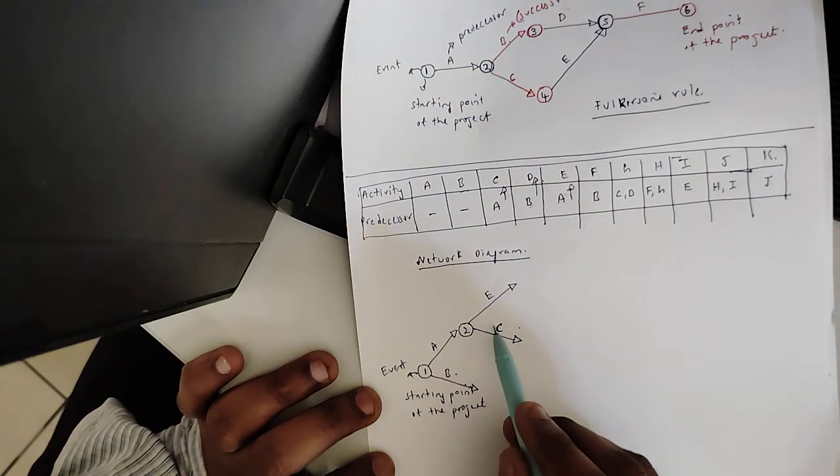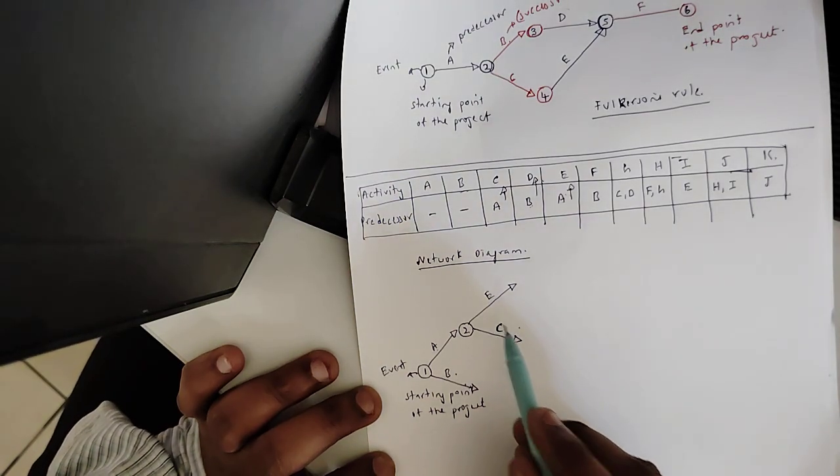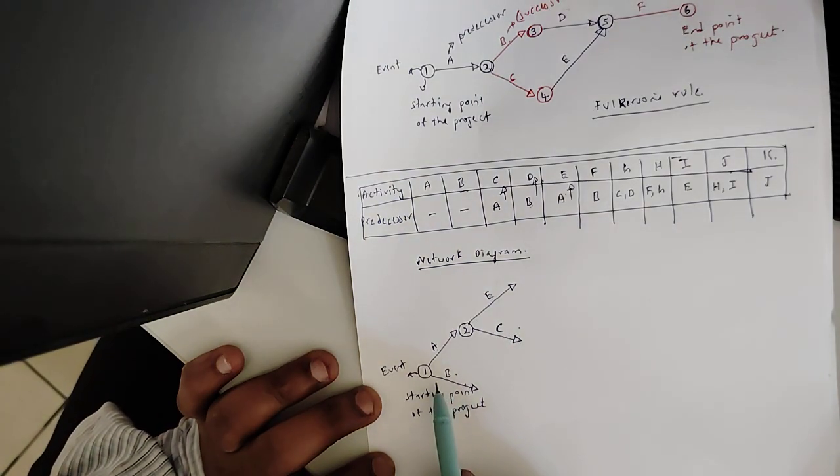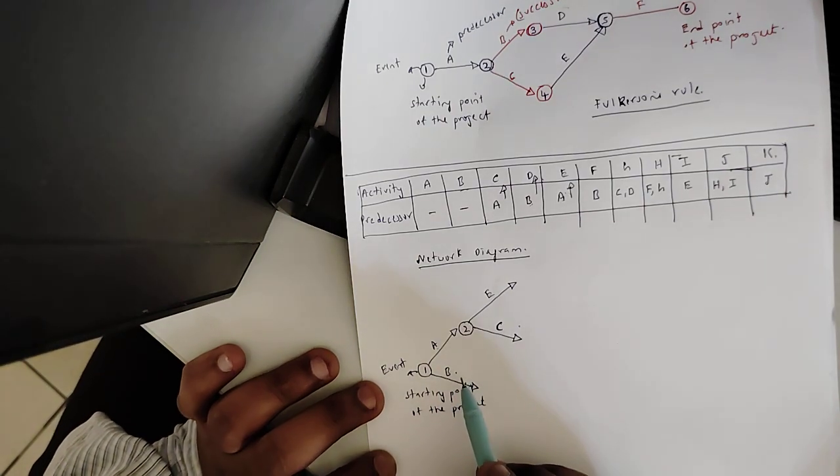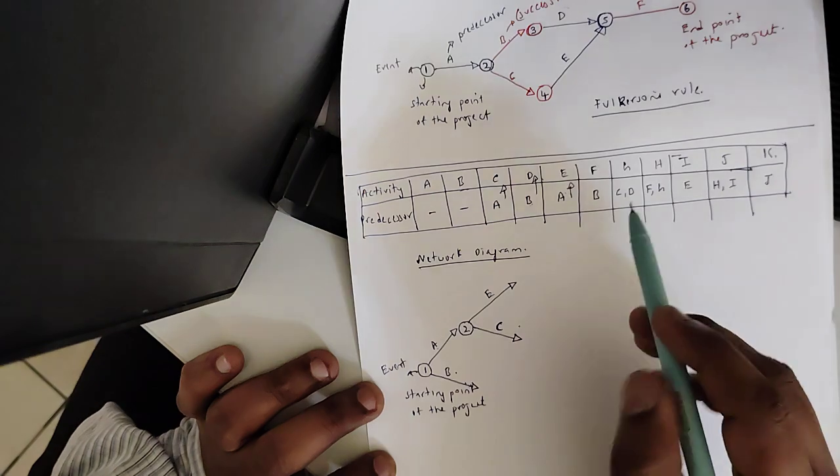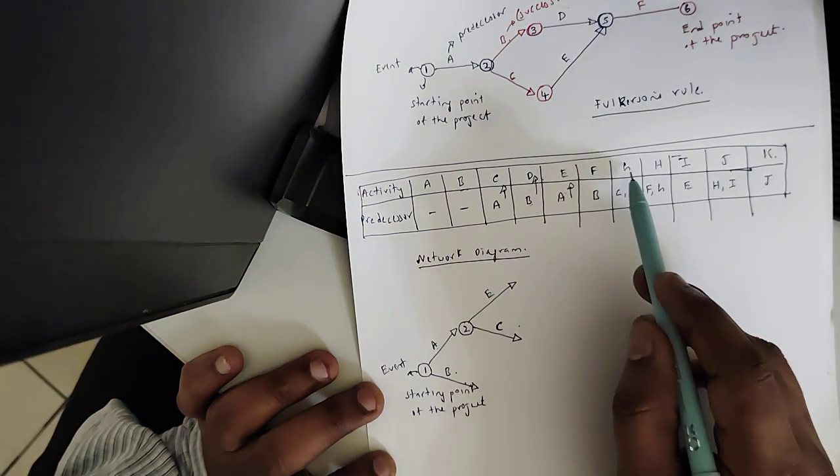Where is C? C is here. And where is B? B is here. So we should remember that D and C will move to G.